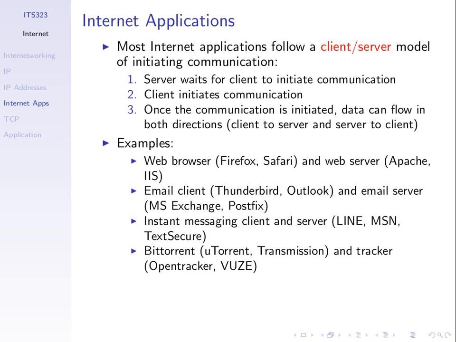And it's the client that starts the communications by sending a message to the server saying, I want to communicate with you. So the server waits for clients to communicate with it. The client initiates the communications. And once there's that initial contact, then in general, data can go in either direction. Data can go from client to server or from server to client.